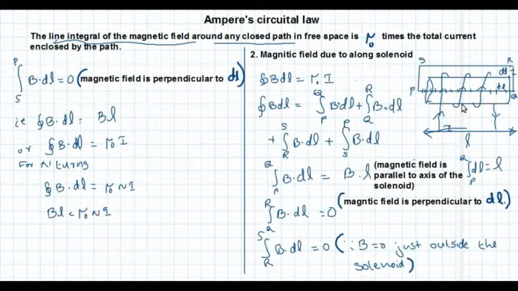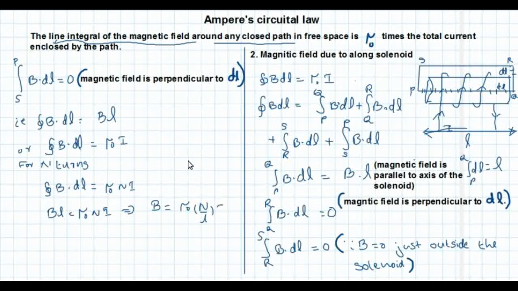Each of these turns carries a current I. Therefore, closed integral B dl will become mu 0 into NI. Therefore, BL is equal to mu 0 NI, which implies B is equal to mu 0 NI divided by L.